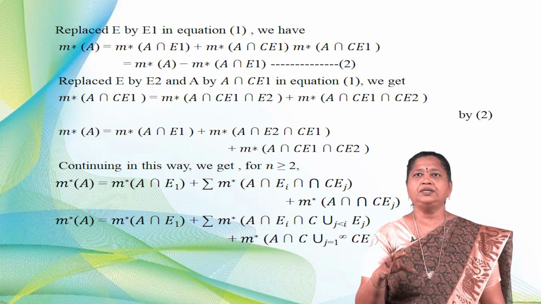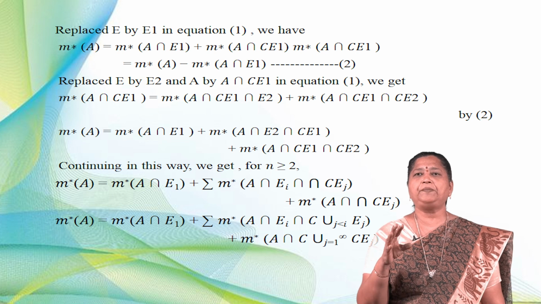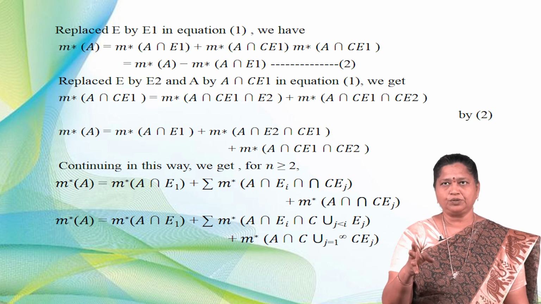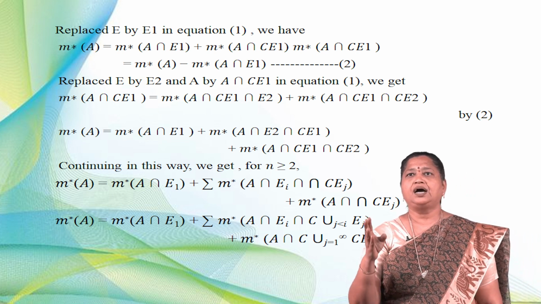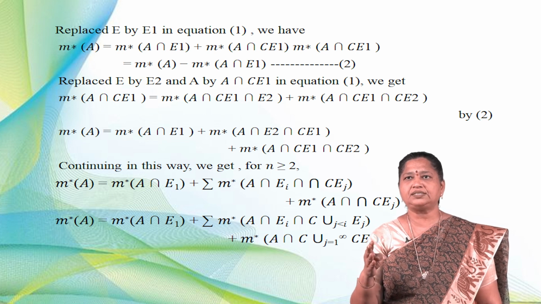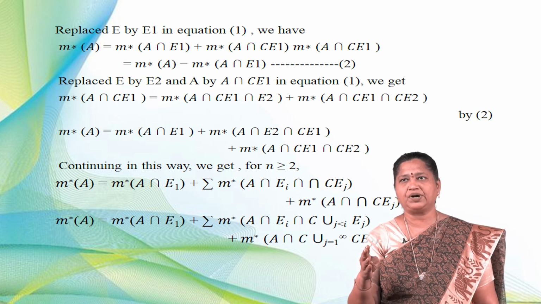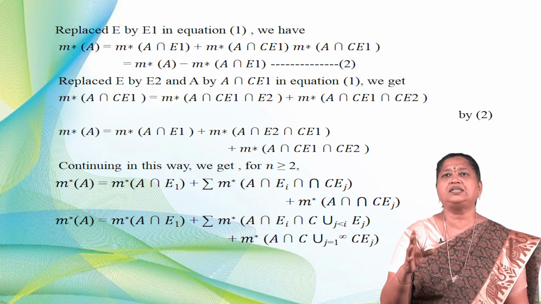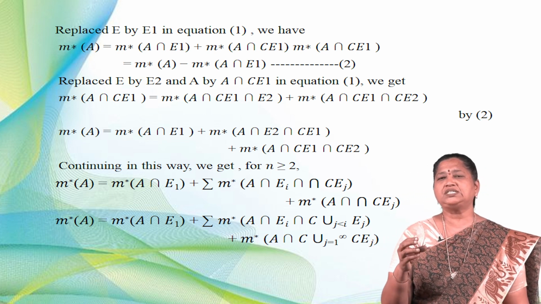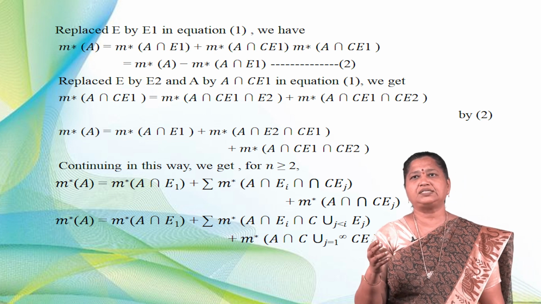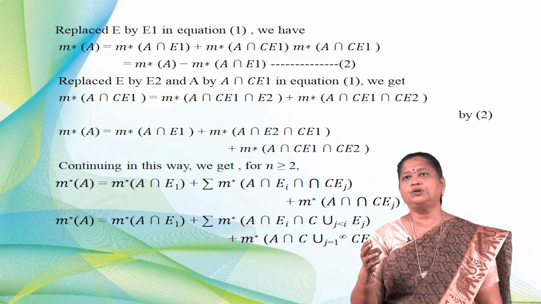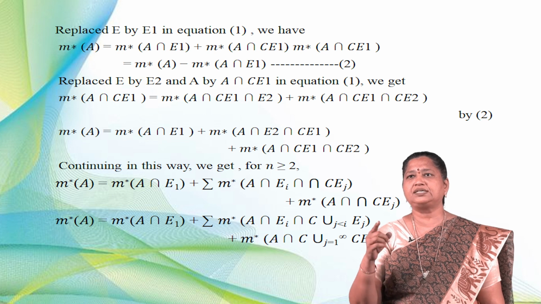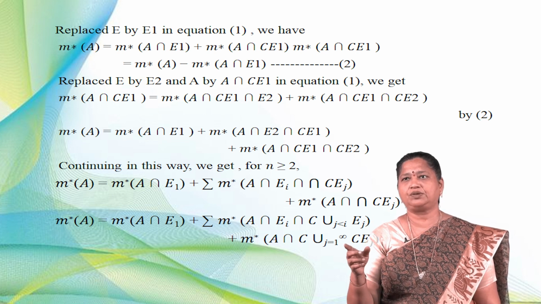Again we replace E by E2 in the first equation and A by A ∩ E1^c in equation 1. We get the result m*(A ∩ E1^c) equal to m*(A ∩ E1^c ∩ E2) plus m*(A ∩ E1^c ∩ E2^c).